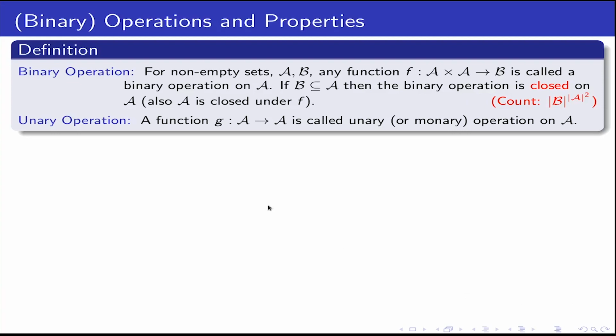There is a formal definition called a binary operation between two non-empty sets A and B. We call it a function where we took two of them. This function is the operation between them which results in an element from the set B. If that set B is a subset of A, then we call that binary operation closed under A.